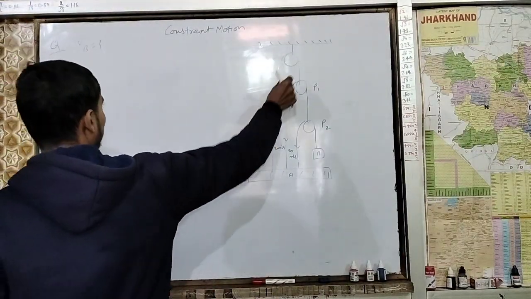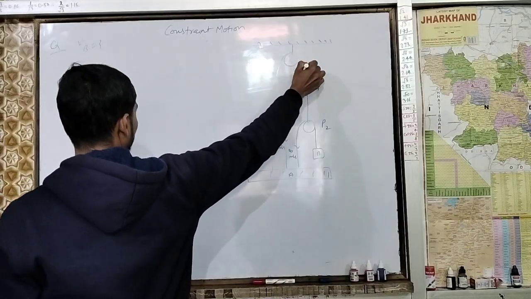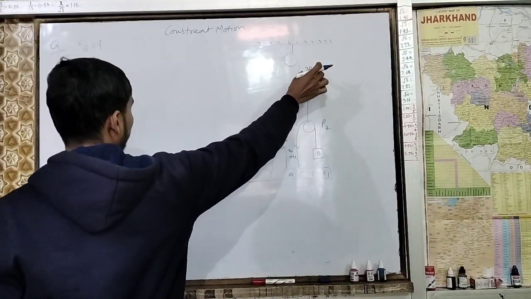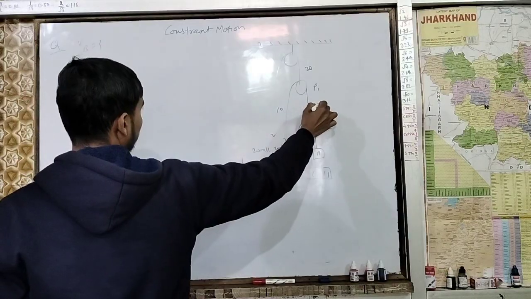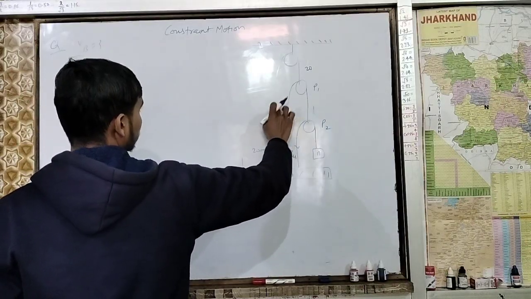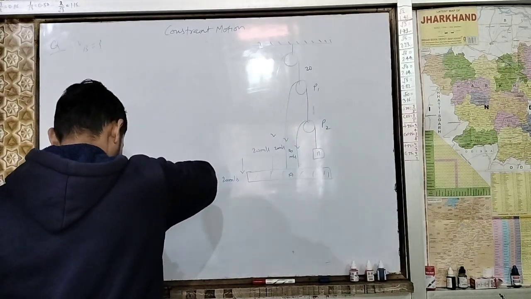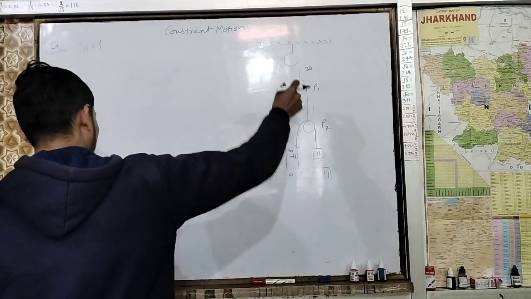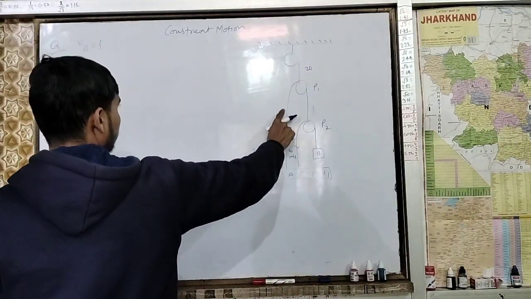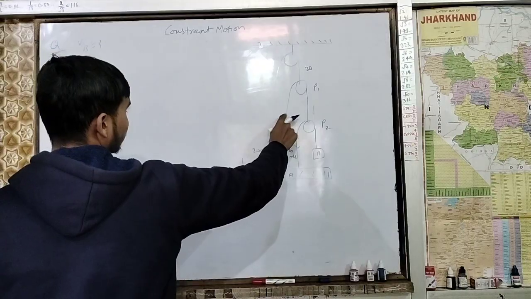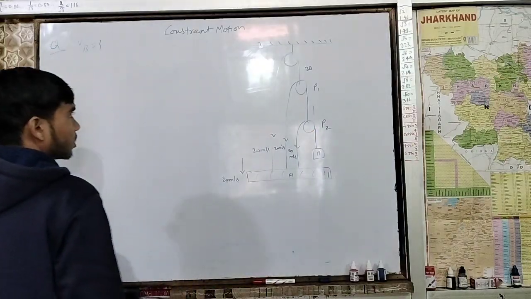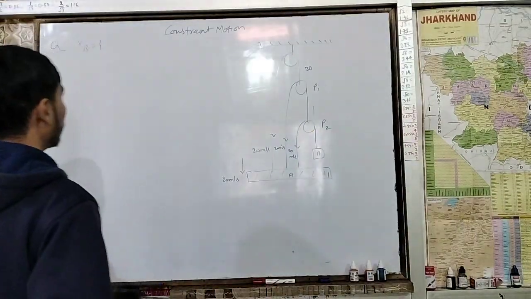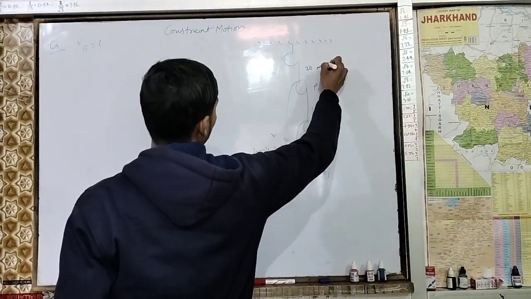If this is 20, this will also be 20, isn't it? But this will not be 10 and 10. No. 20 meter per second.